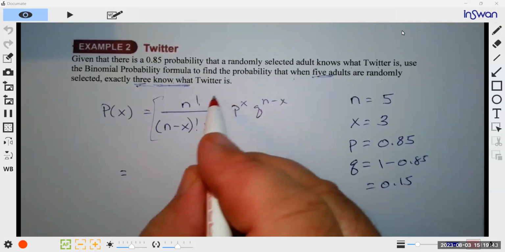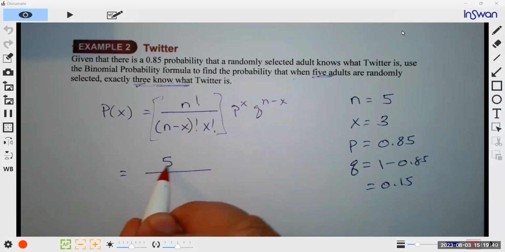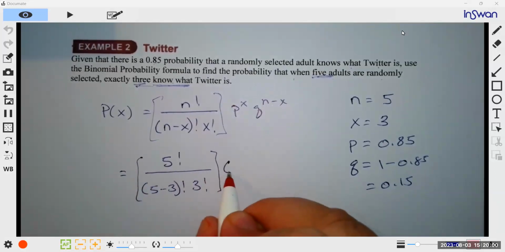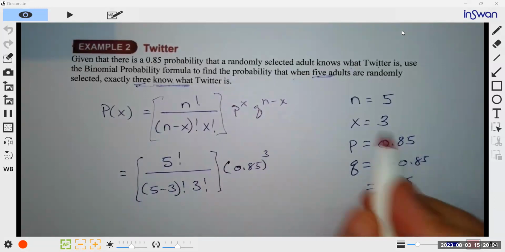This number here will always be an integer. So 5 factorial, 5 minus 3 factorial, 3 factorial, 0.85 to the 3, that's what x is.